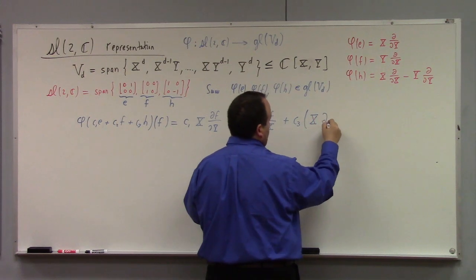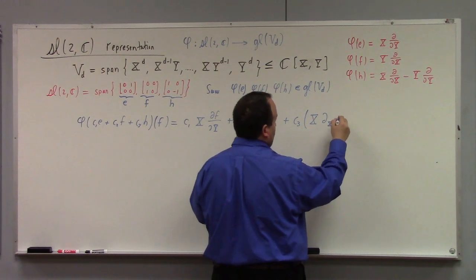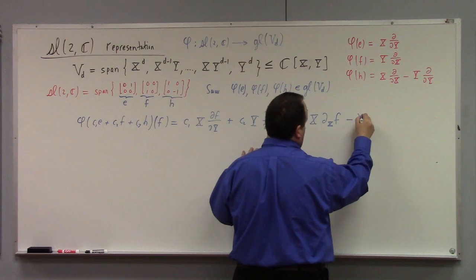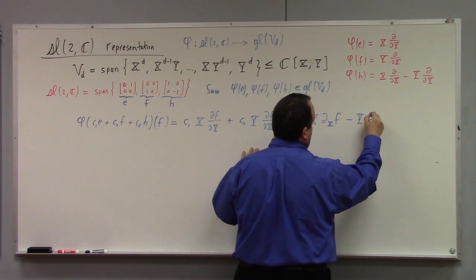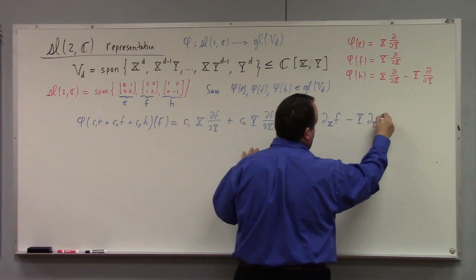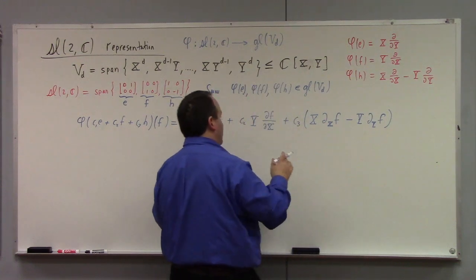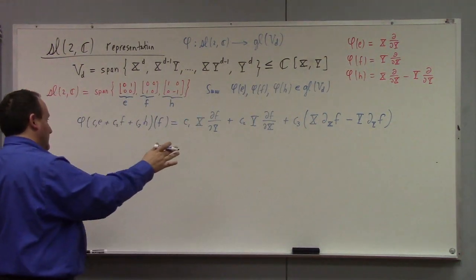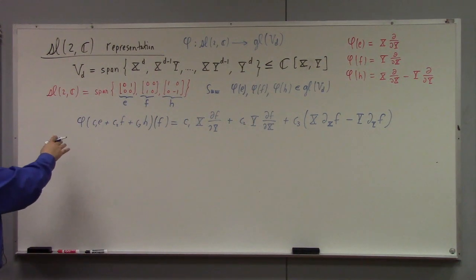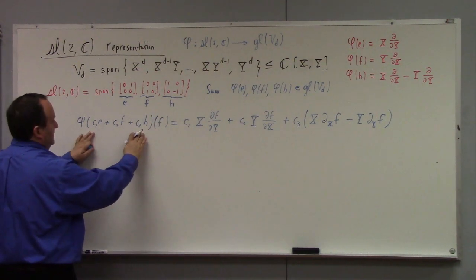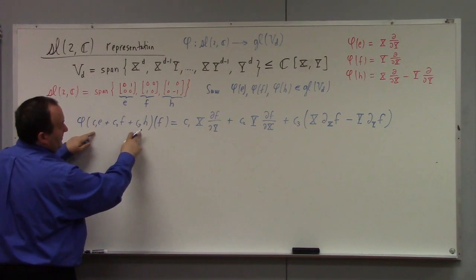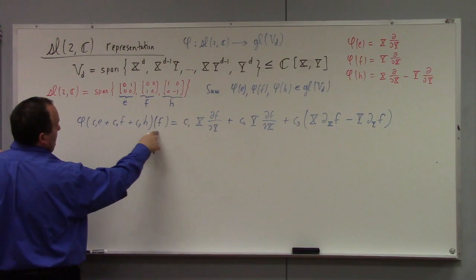I'm going to start using this notation instead, partial sub x of f minus y partial sub y of f, right?